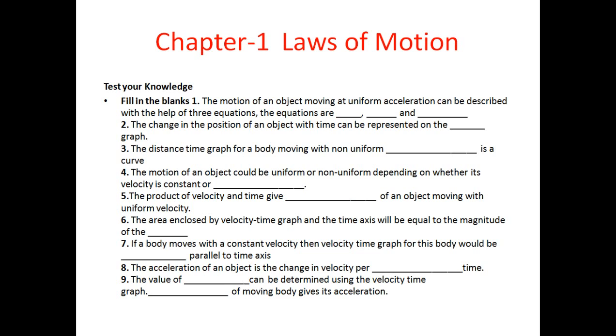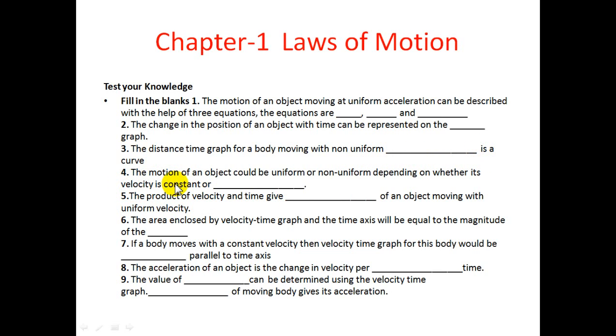When we looked at the graphical representation, when the body is moving with uniform speed or uniform velocity, it always grows in a straight inclined way. But if the body is moving with non-uniform speed or non-uniform velocity, it will always be curved in shape. So the missing word here should be speed: non-uniform speed is a curve.